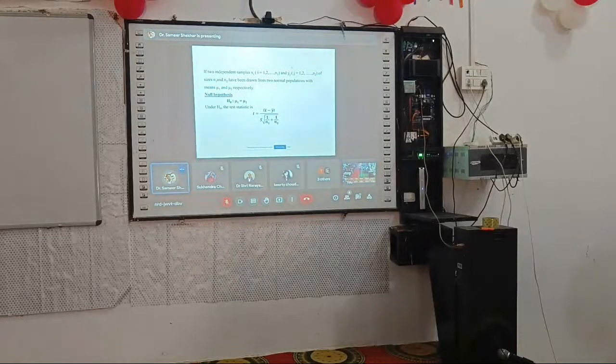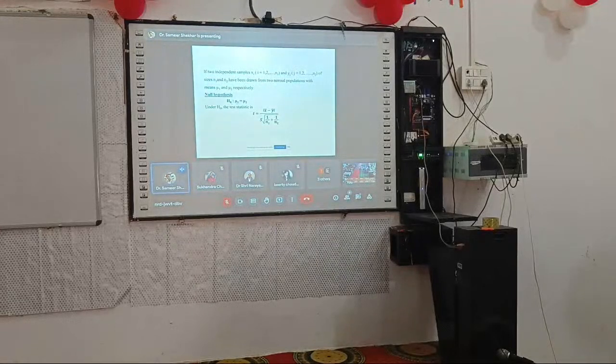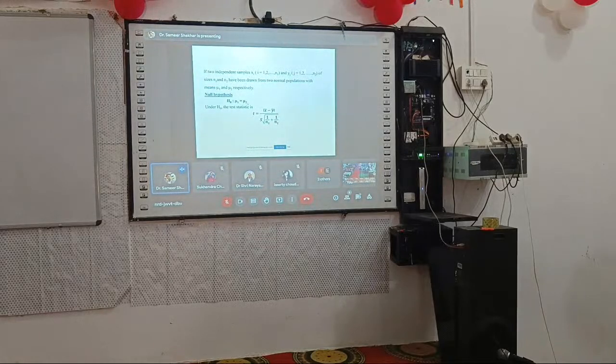If it is equal, it means that there is no significant difference between the means of these two samples, and the same will be our null hypothesis. See, the null hypothesis says that there is no difference. No difference means the mean of sample 1 and the mean of sample 2 are equal. So that we have assumed.